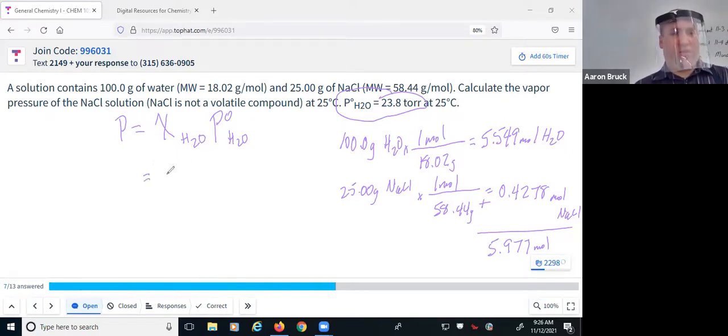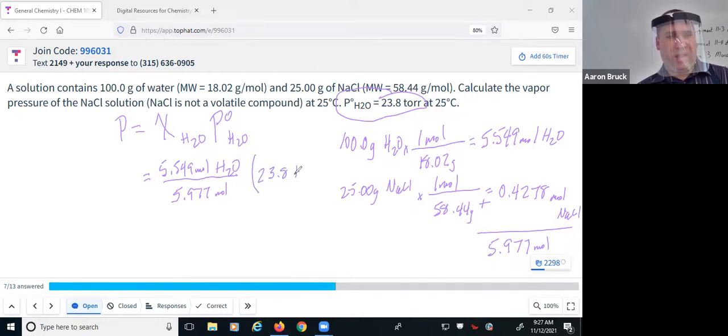So to do the mole fraction, I need the moles of water, 5.549, divided by the total, 5.977. And we're going to multiply this by 23.8 torr.